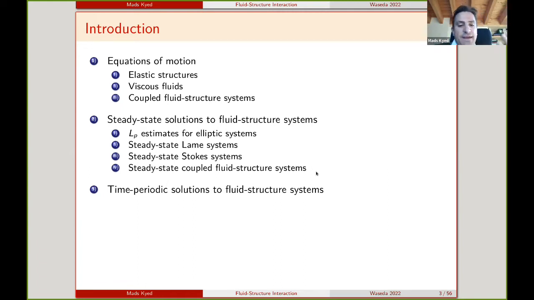I will talk about how to get time periodic solutions.